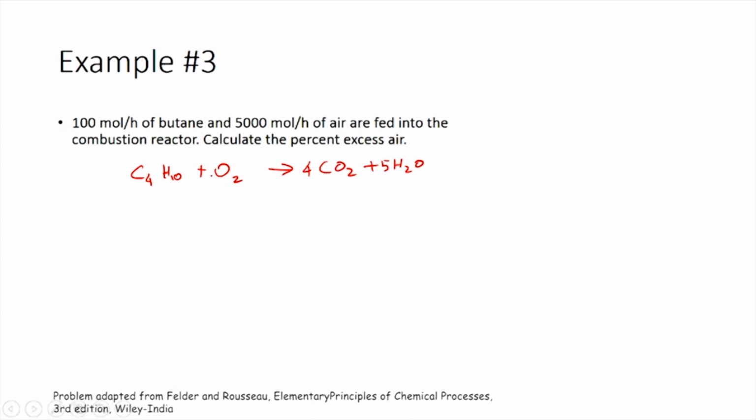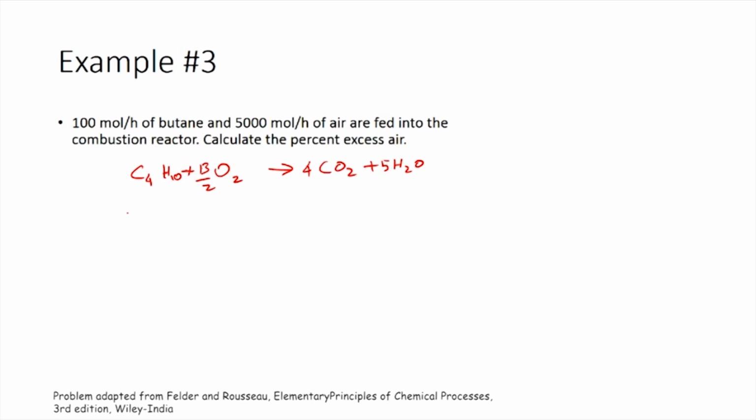So, oxygen now needs to be balanced. Here we have 8 plus 5, 13 atoms of oxygen leaving the reaction. So, this means you would have 13 by 2 or 6.5 molecules of oxygen entering into the reaction. So, this is the balanced equation.